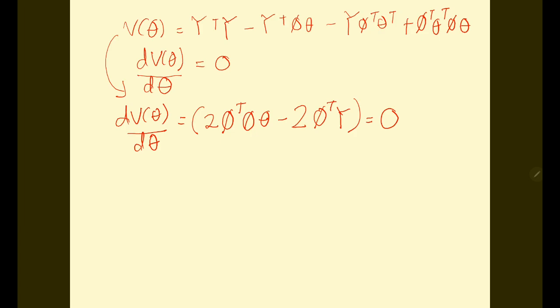Or if we substitute the equation of error, we know error is equal to y minus phi theta. Okay, e1 equal to y1 minus phi 1 theta. Okay, so substitute in the equation, V theta equal to e1 squared plus e2 squared plus so on.